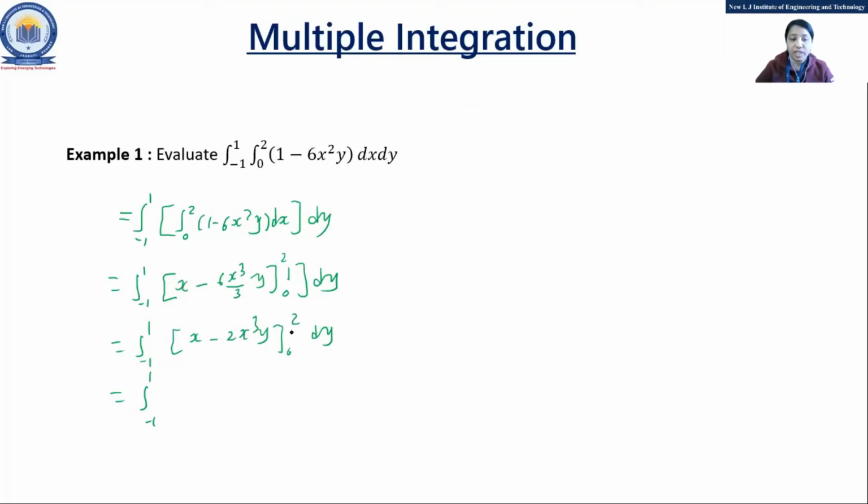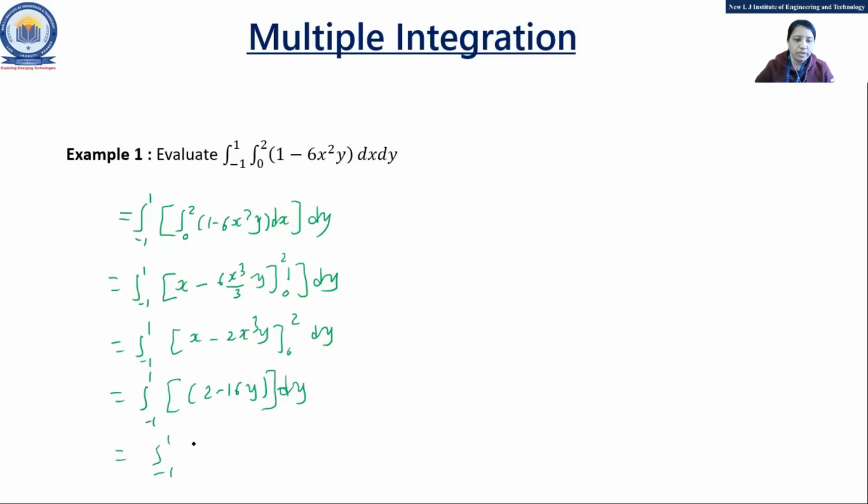Instead of x, put the 2. So it would be 2 minus 2 cube, so 8, 8 into 2, 16y, minus 0. 0 minus 0, so no need to write. I'll write directly dy. Fine. Now again minus 1 to 1.